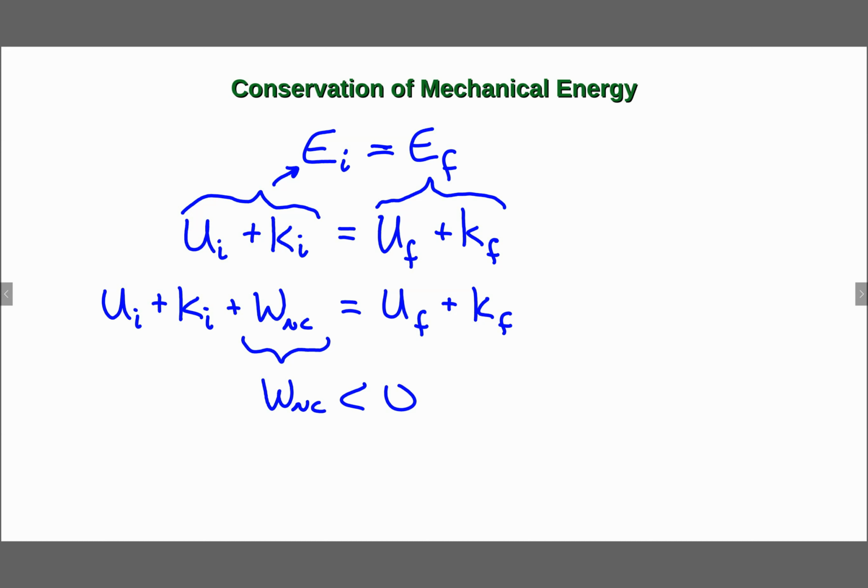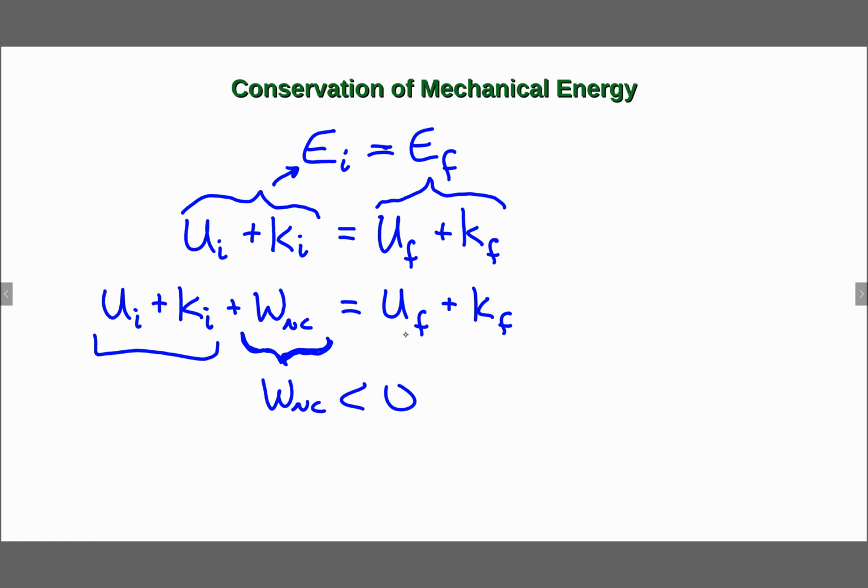So we're subtracting some amount of work, which is exactly what these things do, right? Friction sucks energy out of the system and turns it into heat. It sucks mechanical energy out and turns it into heat. And all our equation says is that we have some total mechanical energy at the beginning. We take out or add in work from non-conservative sources like pushing or friction.